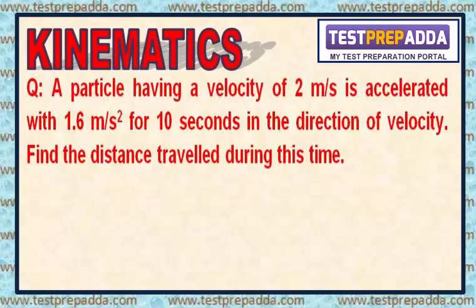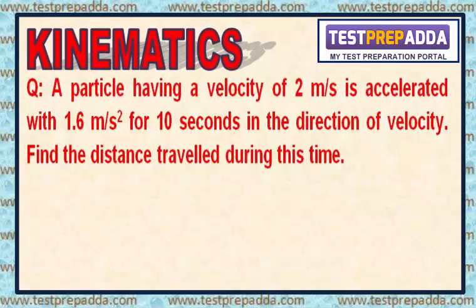Here the question says, a particle having a velocity of 2 meter per second is accelerated with 1.6 meter per second square for 10 seconds in the direction of velocity. Find the distance traveled during this time.